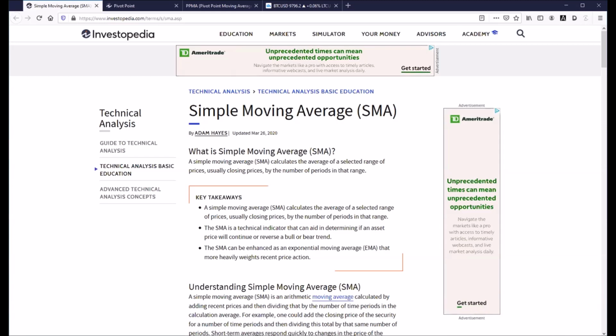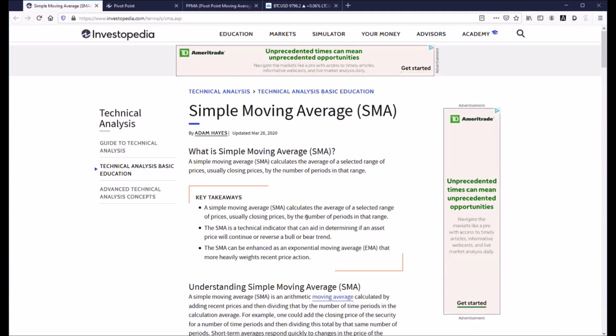Yes, that's true. So going back to moving averages, a simple moving average calculates the average of a range of prices, usually closing prices. All it does is take the closing prices of the past number of days equal to the period you're looking at, and take the average.